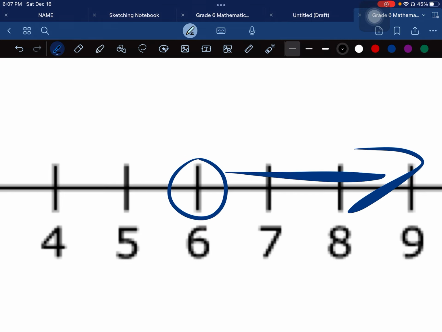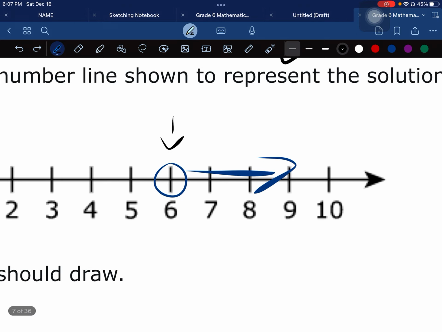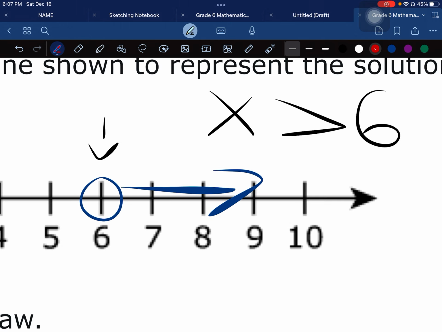Bueno, chicos, it is important to mention que 6 is open. That means it is not being included. Por ejemplo, is 10 greater than 6, right? Can I say 10 is greater than 6?